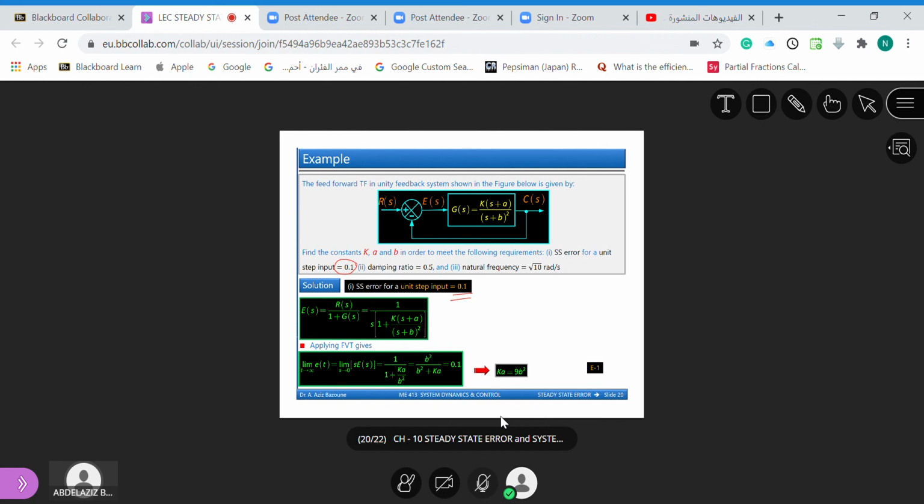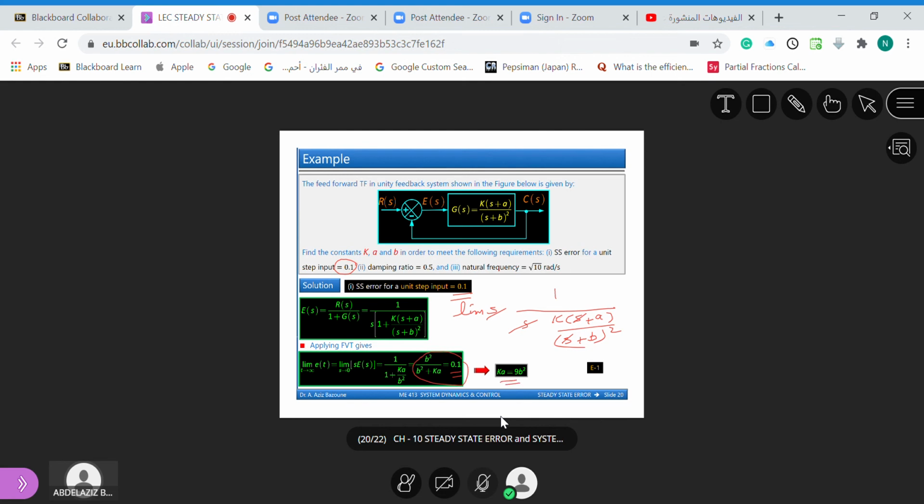So the steady state error, when you take s equal to 0, the limit s E(s) will be simply limit s times 1 over s, times K(s plus a) over (s plus b) squared, the whole thing. s cancels with s, here 0, here 0. You end up having Ka over b squared, or b squared over b squared plus Ka, which is 0.1. If you work on this one, you will find that Ka is equal to 9b squared.